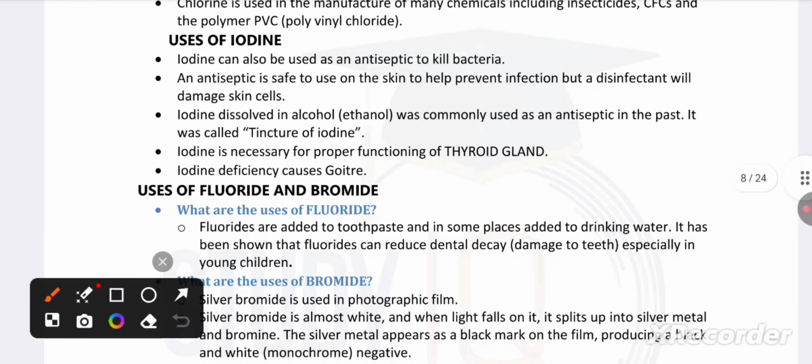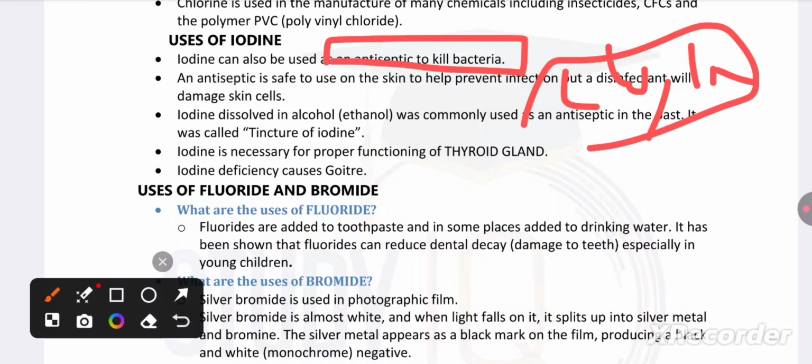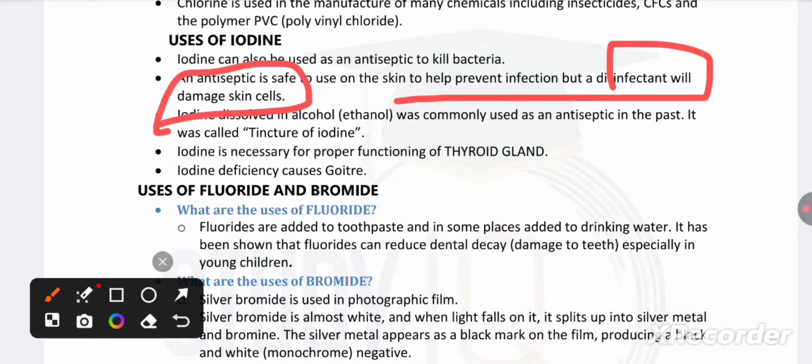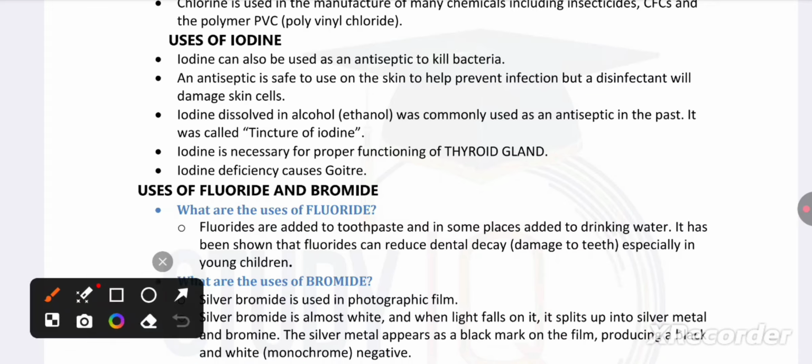Then iodine, an antiseptic that kills bacteria. First chlorine, then iodine, both kill bacteria. But a disinfectant will damage our skin; for antiseptic we apply it on our hand, but it can damage our skin. Iodine dissolved in alcohol, ethanol, is commonly used as an antiseptic.